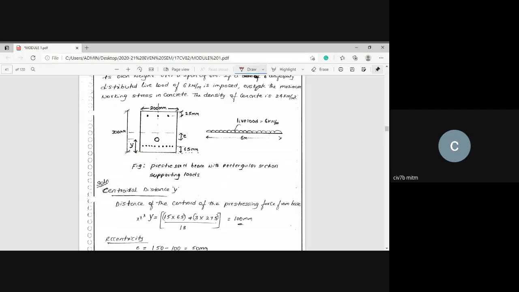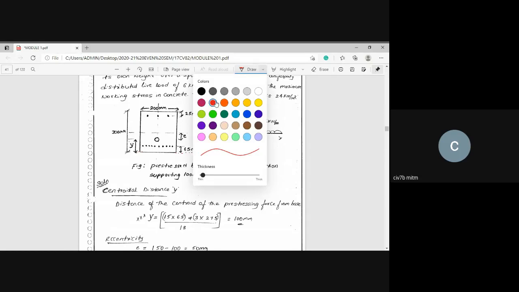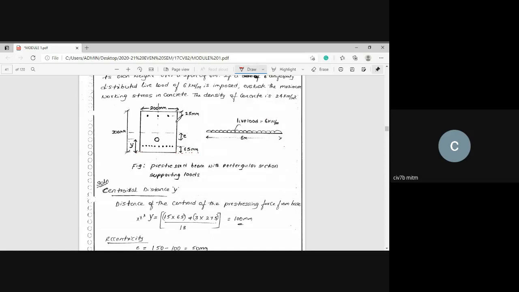How to measure that? Look here. The total distance is 300 millimeter, and the distance of these wires measured from the base is 275 millimeter. Is it clear?